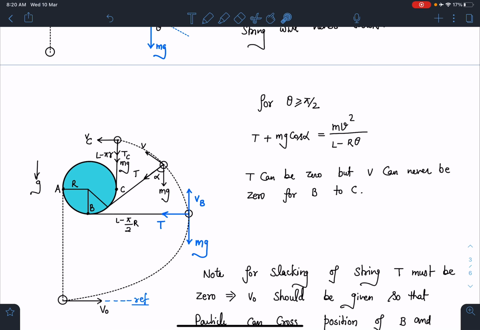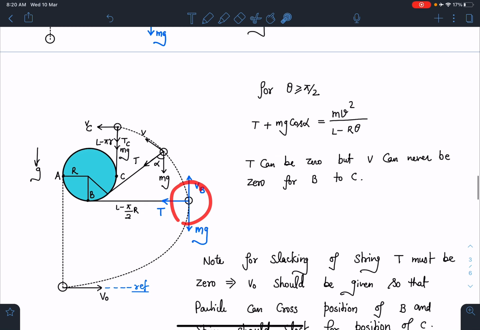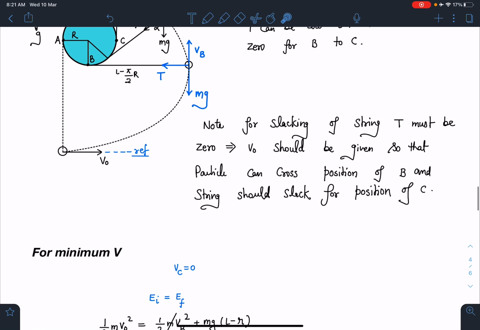Now you can see for slacking, tension T must be zero, or we can say V naught should be such that the particle can cross the position of B, and it should not cross point C, or configuration C. In that situation, somewhere between B and C, this string is going to slack. This is the condition we have to find.